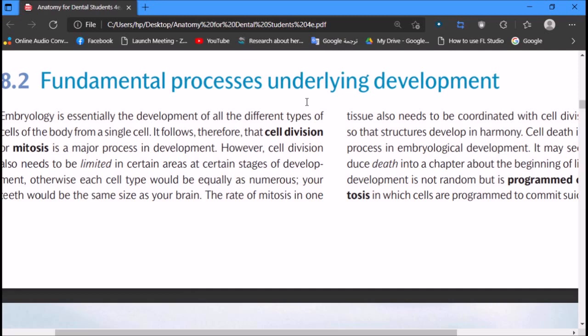Often one germ layer determines what another germ layer does by causing a change in shape, movement, or function. This process is induction.